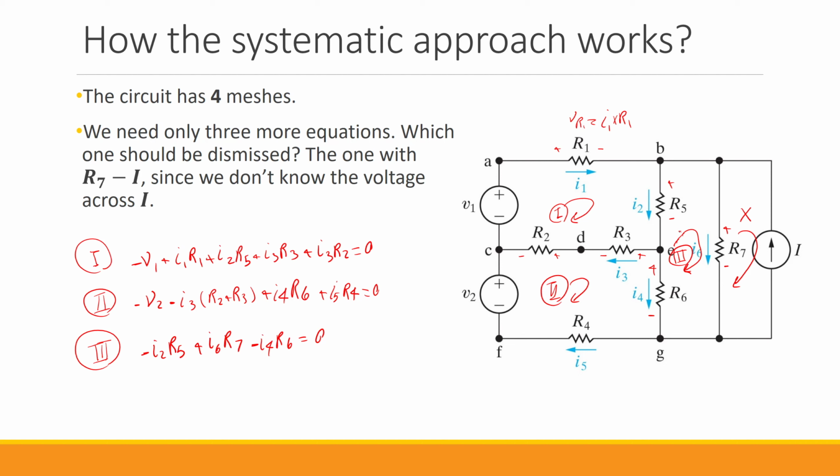So I can rewrite the first version that I wanted to write also. The first version was I2 R5 plus I4 R6 minus I6 R7 equals 0. As you can see, between this one and this one, the only difference is that I have a negative sign multiplied to both sides of the equation, right? So even if I write it like this, that should be fine.